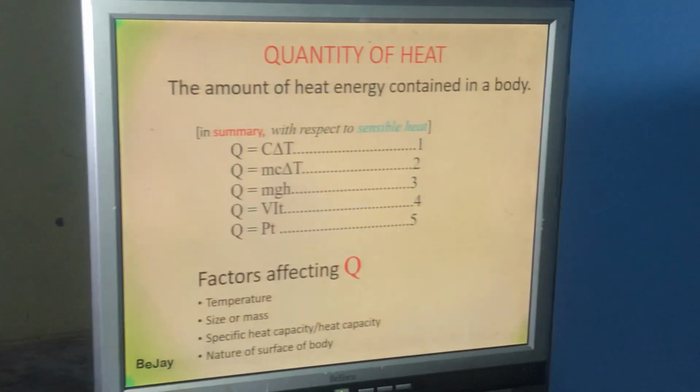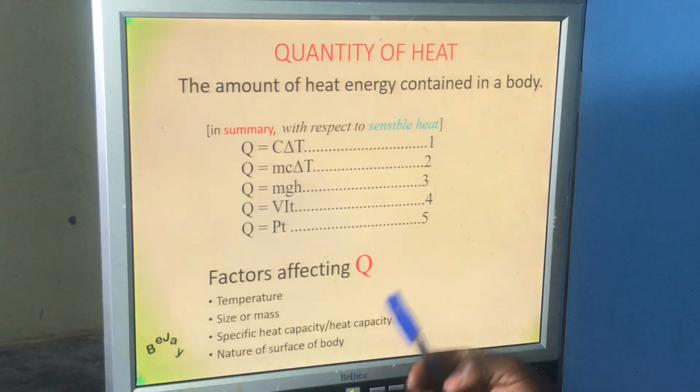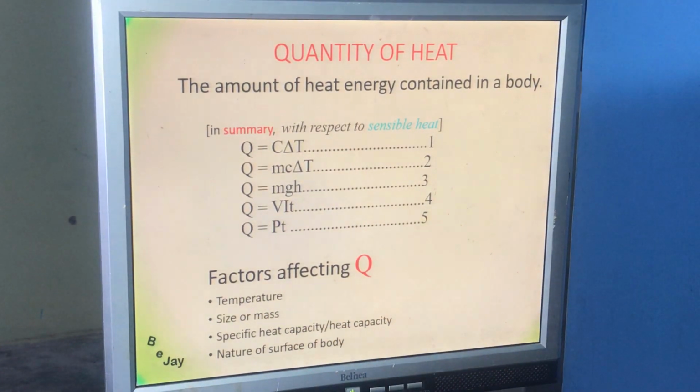Remember that 10 degrees Celsius had already put some amount of heat inside the body. So when we say the amount of heat contained in the body, which is the Q, it also includes that former heat. You get the explanation that I'm putting across. Good. That is the reason why we talk about the temperature of the body, but not the change in temperature of the body. So if you write change in temperature, you'll be marked down.